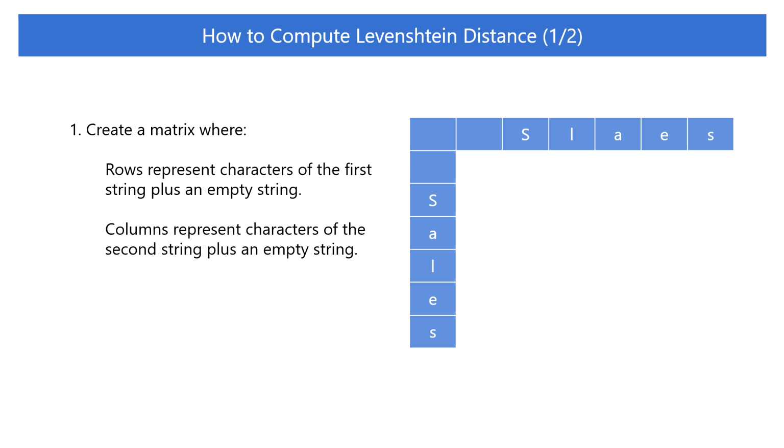The Levenshtein distance is typically computed using a dynamic programming algorithm. Here's how it works step by step. First, create a matrix where rows represent characters of the first string plus an empty string, and columns represent characters of the second string plus an empty string.